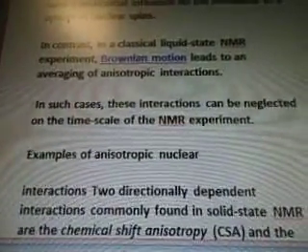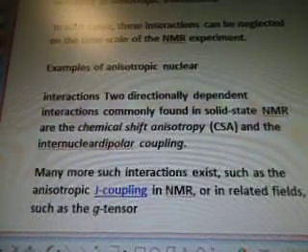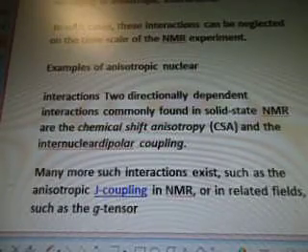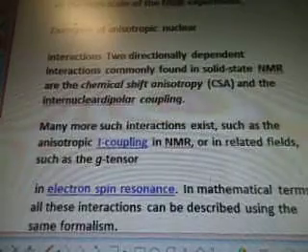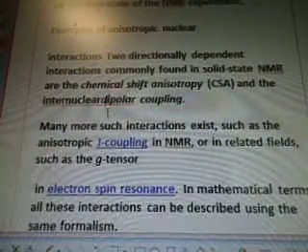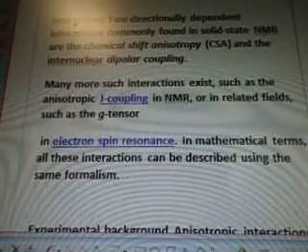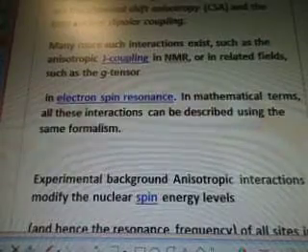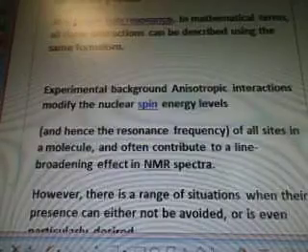Examples of anisotropic nuclear interactions: two directionally dependent interactions commonly found in solid-state NMR are the chemical shift anisotropy (CSA) and the internuclear dipolar coupling. Many more such interactions exist, such as the anisotropic J coupling in NMR or, in related fields such as electron spin resonance, the g tensor. In mathematical terms, all these interactions can be described using the same formalism.